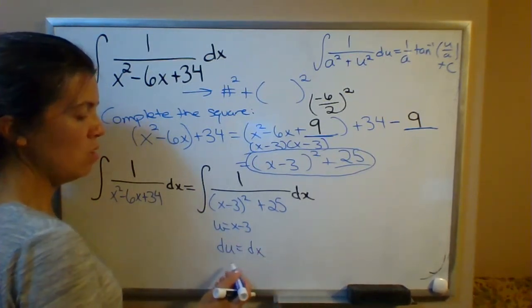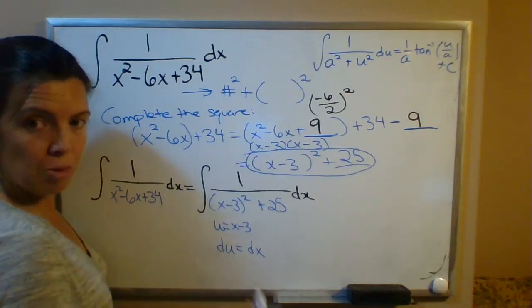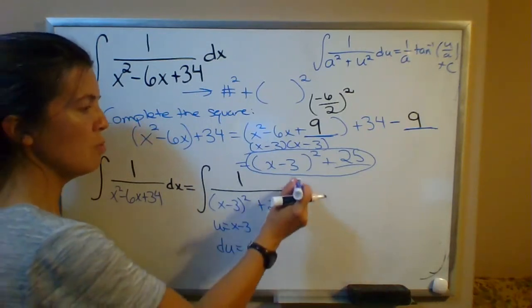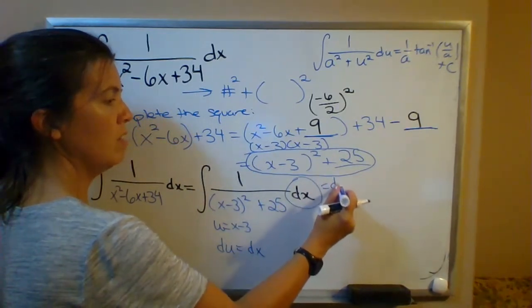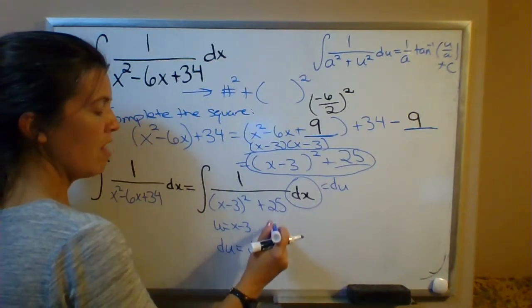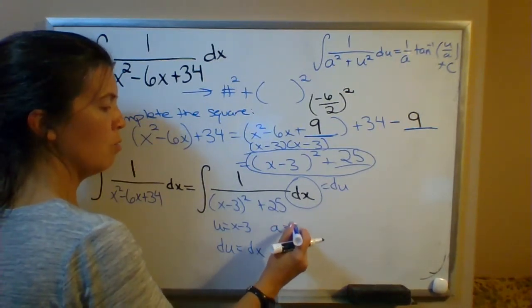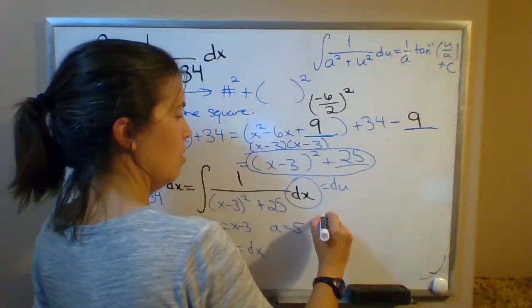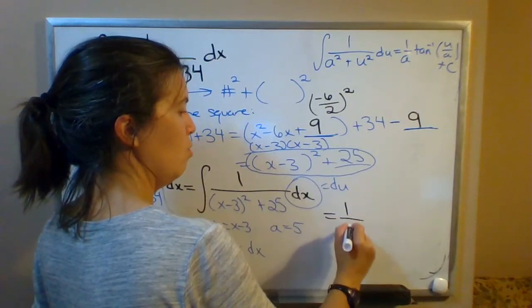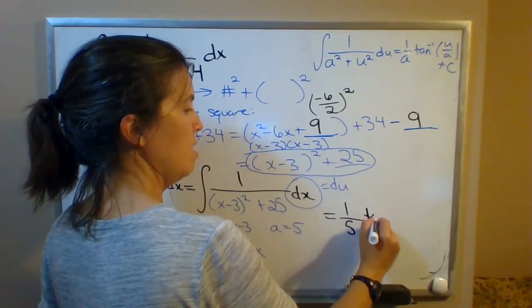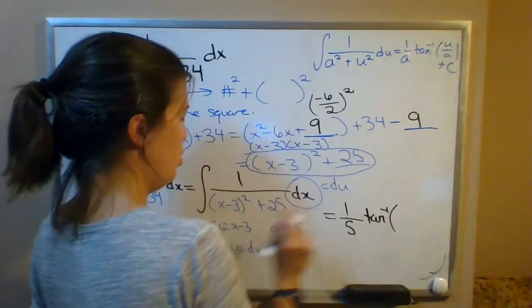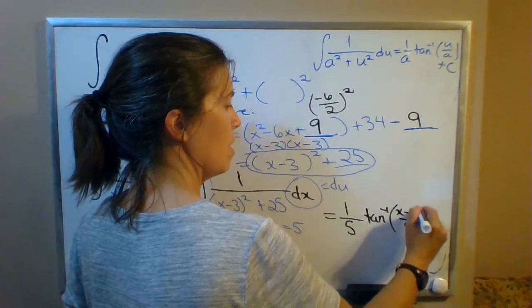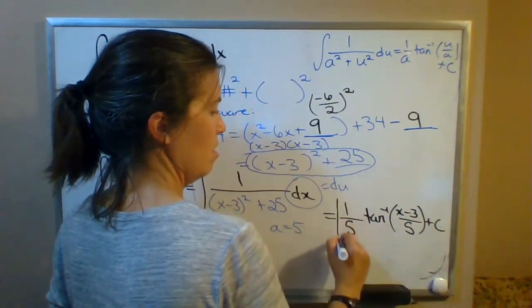So du is directly equal to dx. That's not typically the case, only when the derivative is 1, but we lucked out here. If this is a squared, then a is equal to 5. Now I just obey the formula. This is 1 over a times inverse tangent of u, which is x minus 3, over a, which is 5, plus c. And there's your final answer.